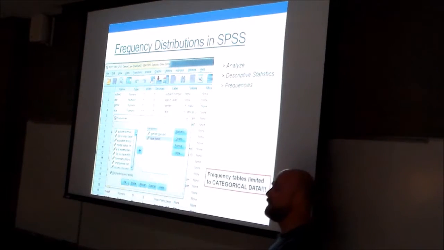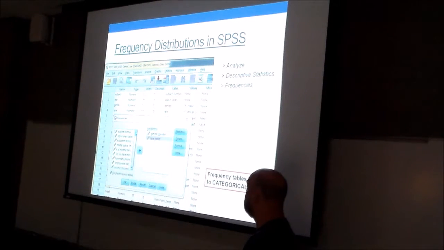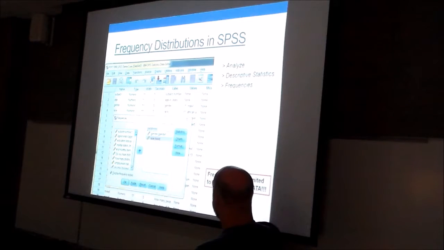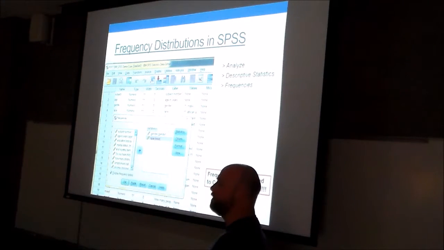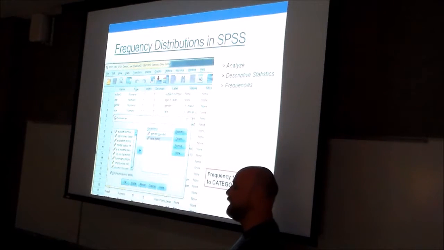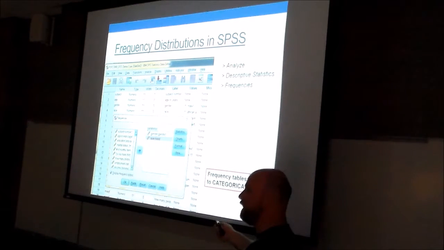Depending on what version of SPSS you get, sometimes if your variables are labeled as not continuous or categorical, it won't give you an option to select this. What more often happens is you'll drop a continuous variable into this.